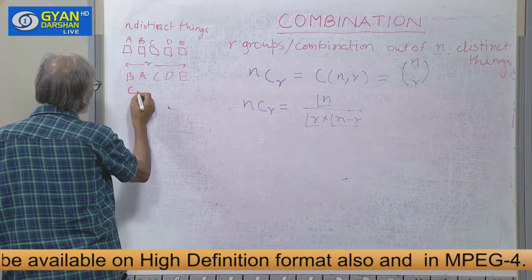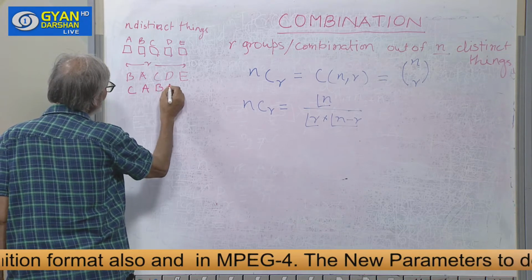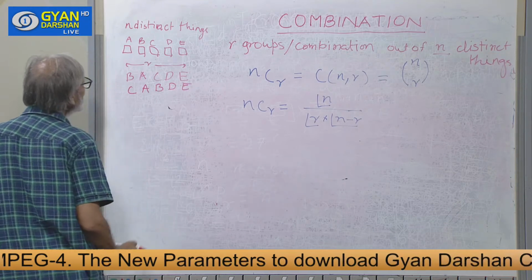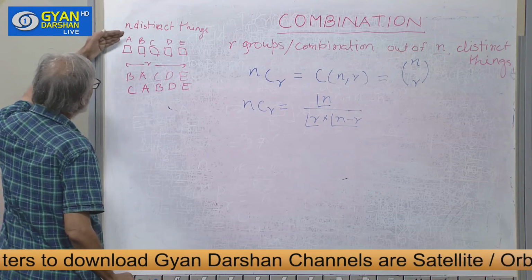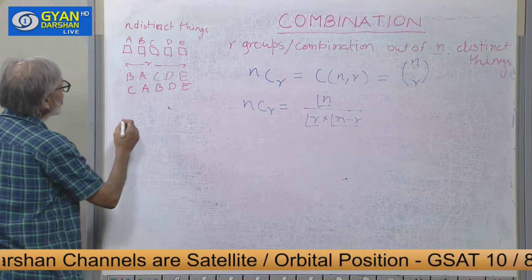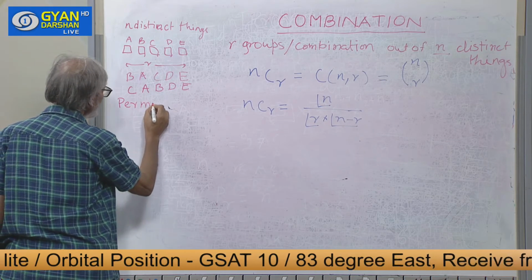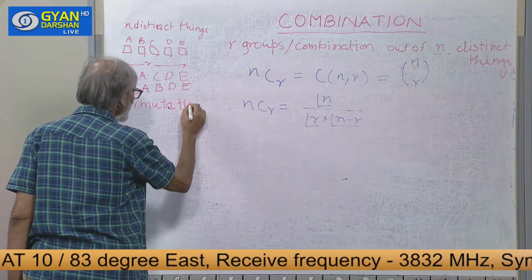Again C, A, B, D, E. So, out of these 5 letters only, different permutations are possible, but this is permutation, where order is important.